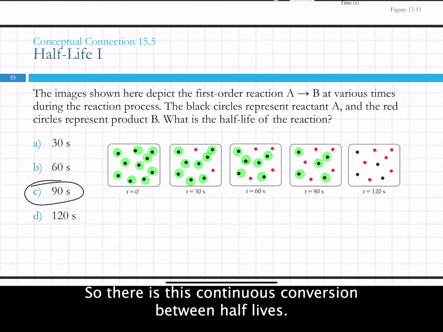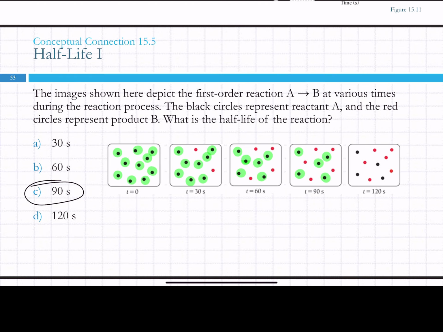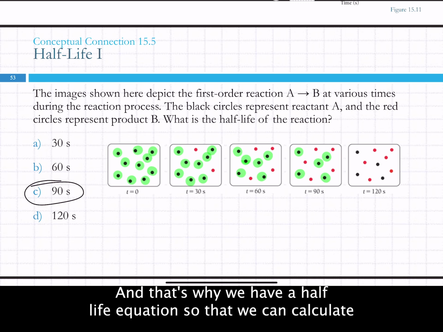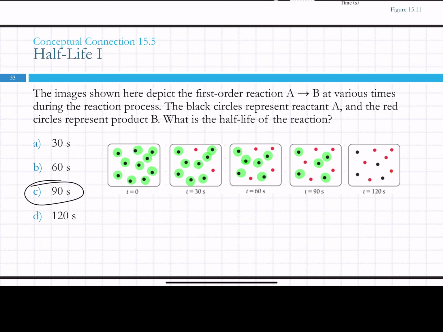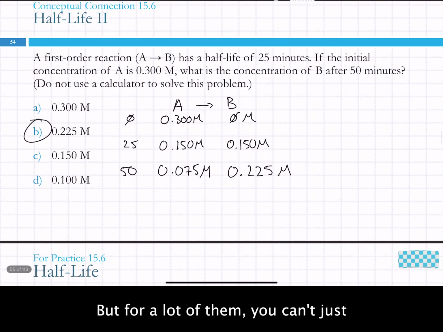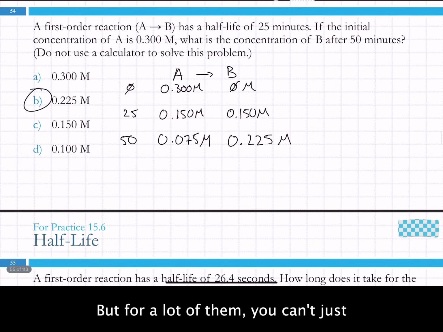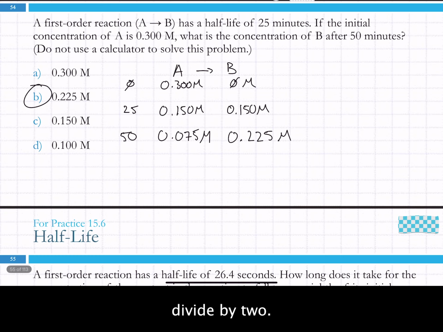So there is this continuous conversion between half-lives. And that's why we have a half-life equation, so that we can calculate at any time, not just exact half-lives, what the concentration is going to be. But for a lot of them, you can just hit divide by 2 and then answer divide by 2.